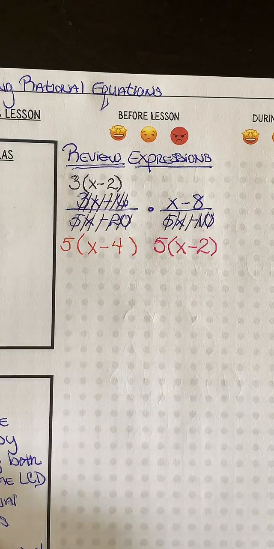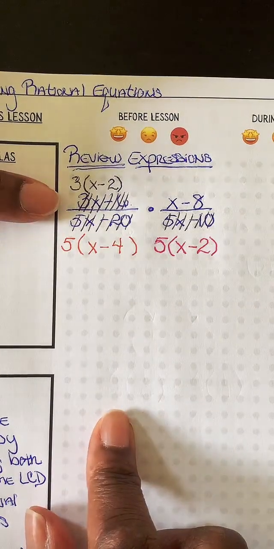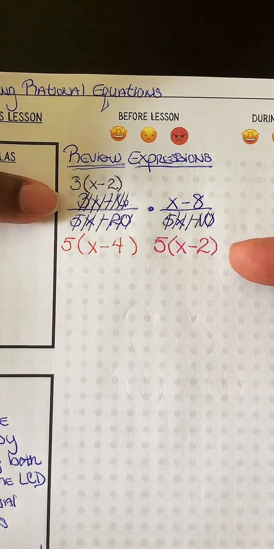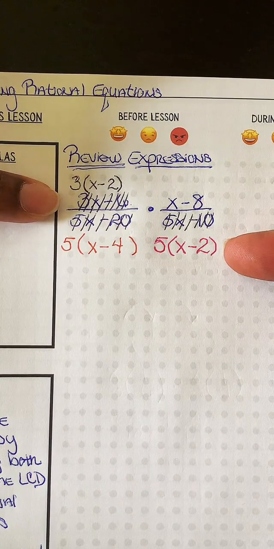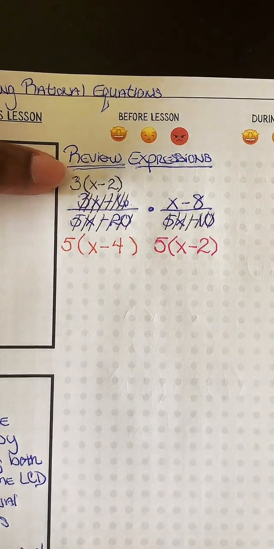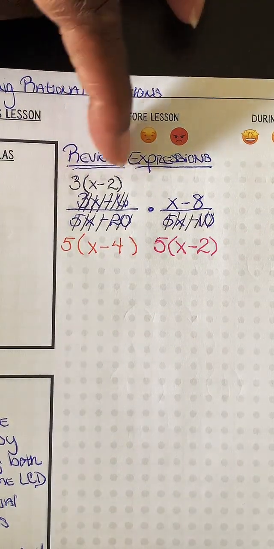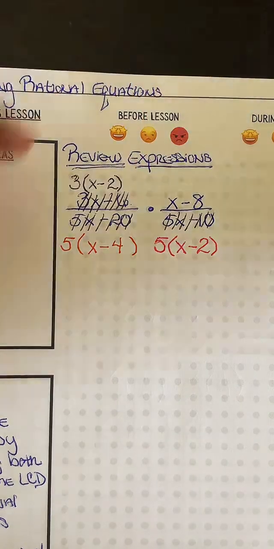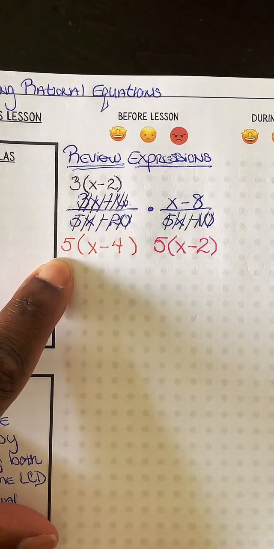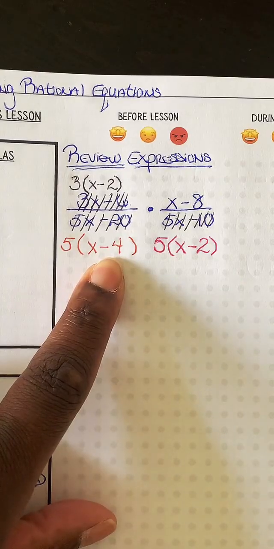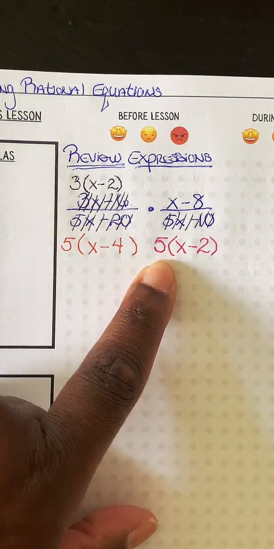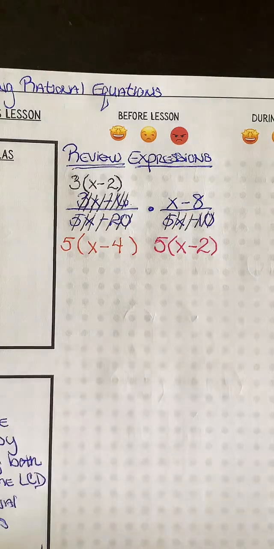Now just taking a look, what is it that you notice that's in the numerator as well as in the denominator? In the numerator, we have 3 times x minus 2 times x minus 8. In the denominator, we have 5 times x minus 4 and 5 times x minus 2.